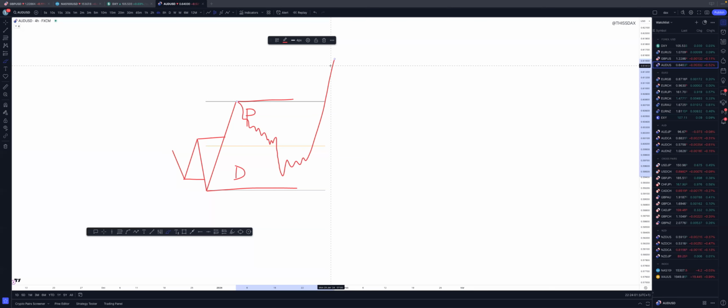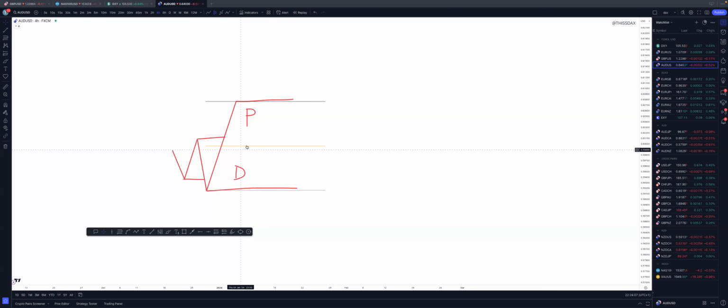Now that is the first way I use the Fibonacci tool. Now, to get an accurate entry here, you see the points of the break, that break of structure, you put your Fibonacci tool from the break of structure down to the higher low.